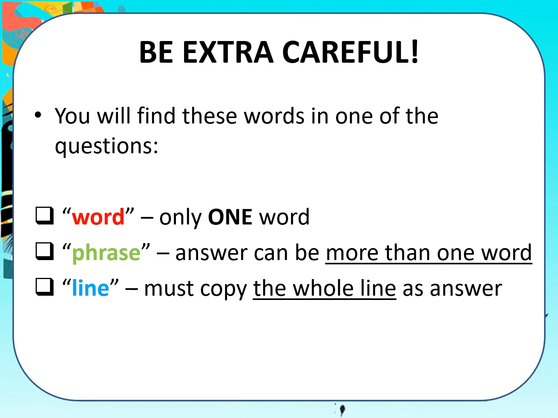Word means only one word. I will show you an example after this. Phrase means the answer cannot be one word, it must be more than one word. But you cannot copy the whole line, because if you copy everything in the same line, it is called a line. Let's look at some examples.